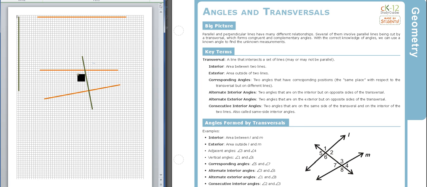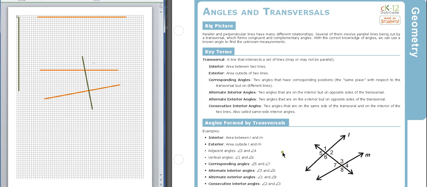So I've got 6 and 3, 2 and 7. Those are our alternate interior angles. So 6 and 3 are a pair, and 2 and 7 are a pair.